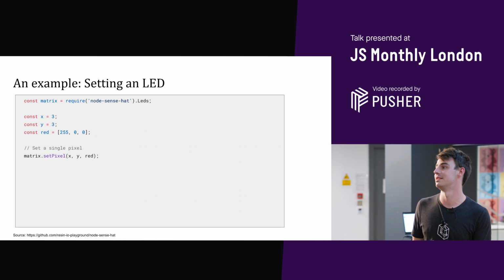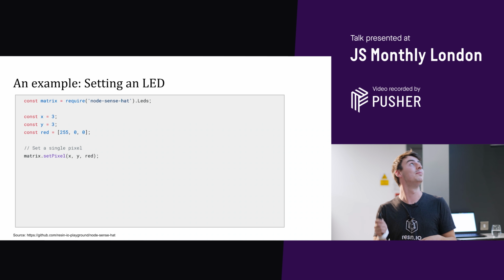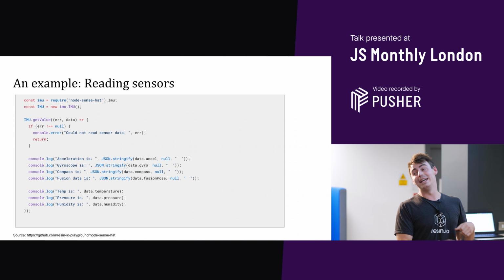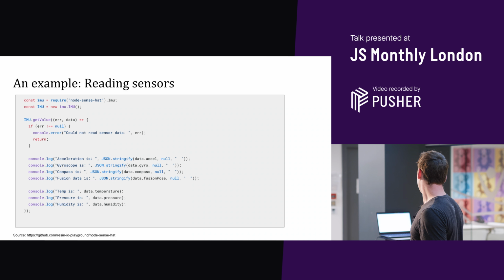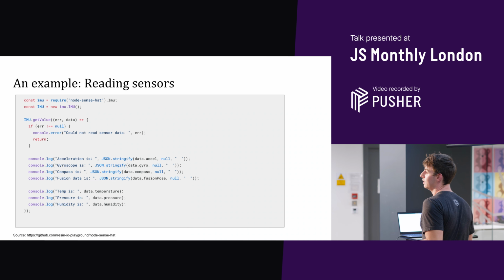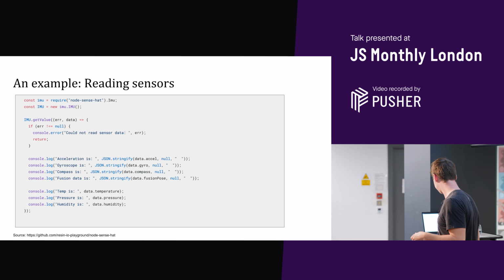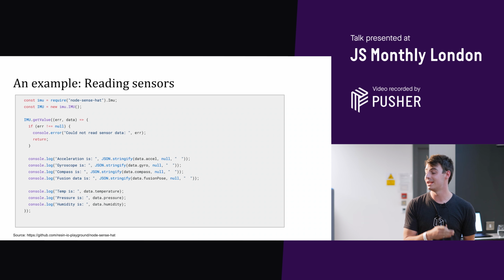So what about using the sensors? Because the sense hat has a lot of sensors. Surely it's going to be a bit hard to use them. Nope, we've got exactly the same JavaScript that you'd find in any other web application. You create a handle for the IMU, also known as the inertial measurement unit, request the sensor data and provide a callback. Again, standard JavaScript.